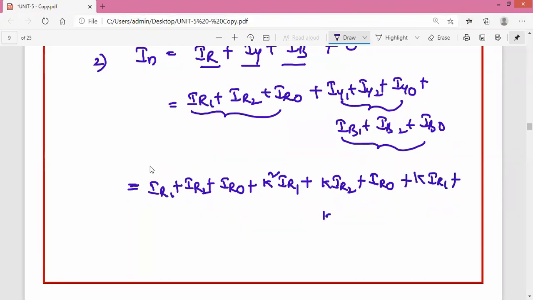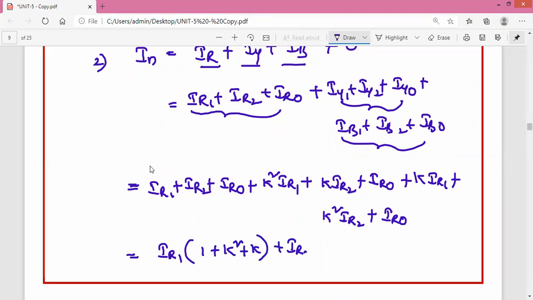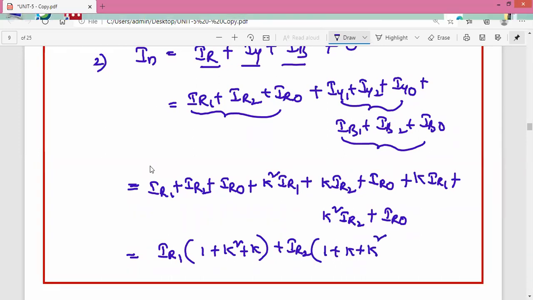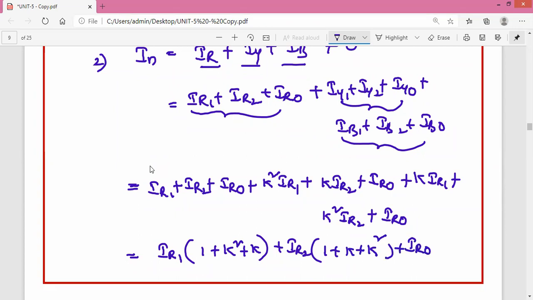IB2 is represented as k square times IR2, and IB0 is represented as IR0. Now take IR1 as common. This will become 1 plus k square plus k, and now IR2 as common, 1 plus k square plus k, and take IR0 as common. This is 1 plus 1 plus 1.